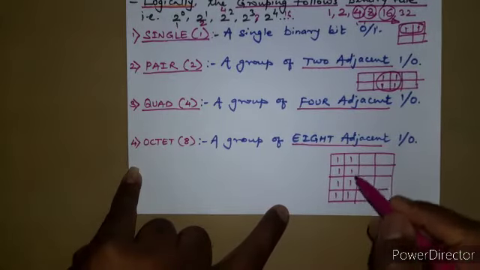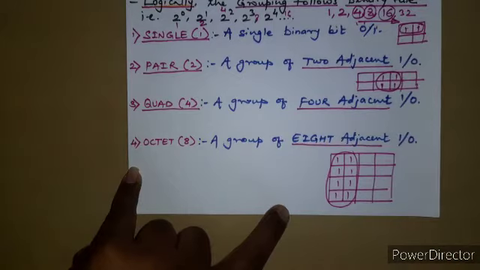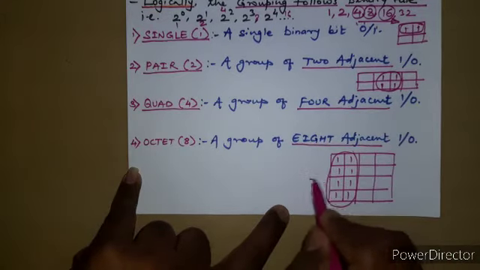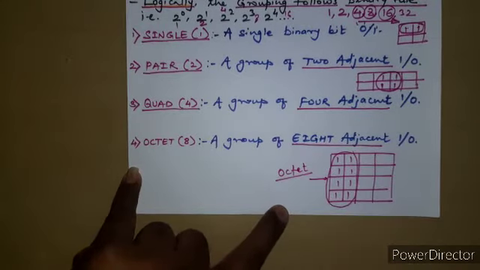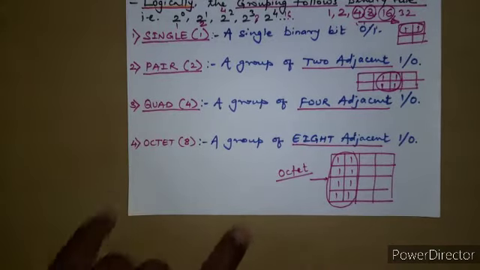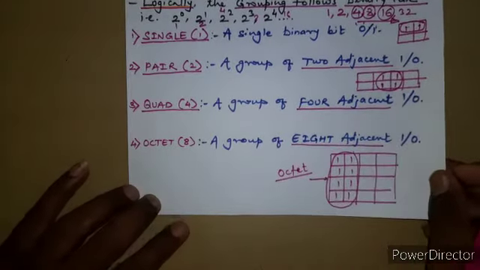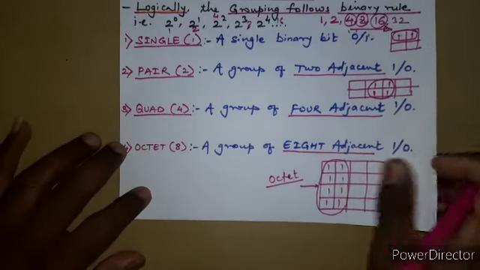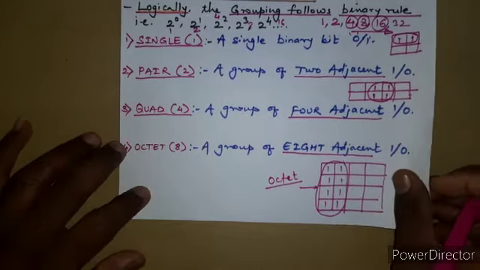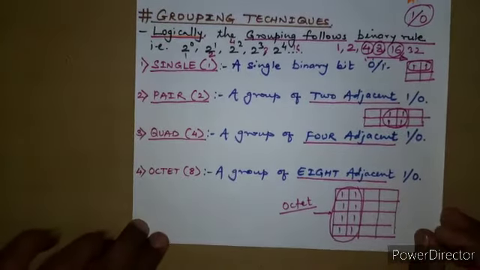Now here a group of 8 adjacent cells is formed, so this becomes an octet. This way the grouping of ones or zeros based on SOP or POS is done. I hope these concepts are clear to you.